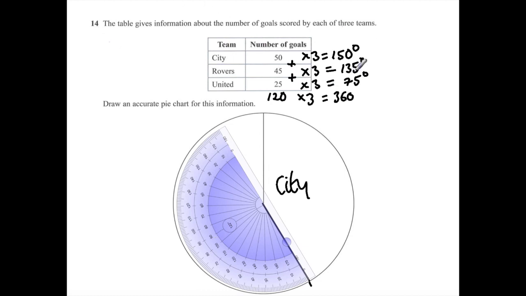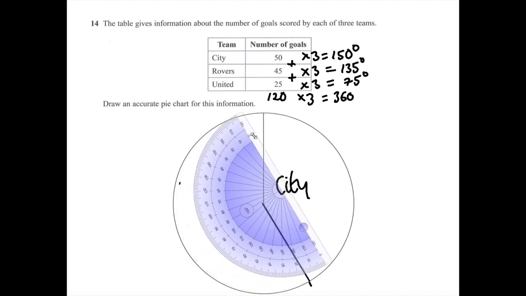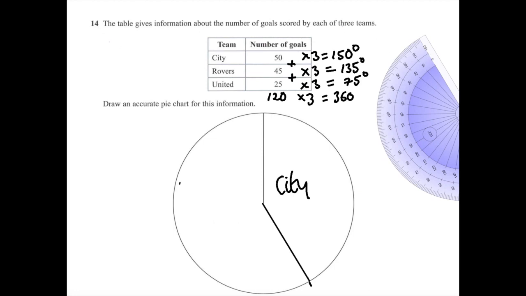Now we are looking for 135. 135 is over here. Yep. Going to move my protractor out the way. Draw a line. So we have Rovers is over here.